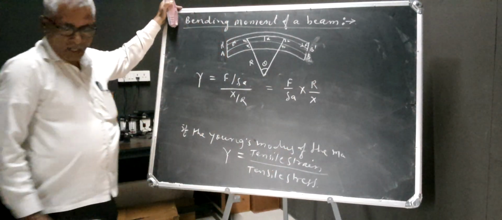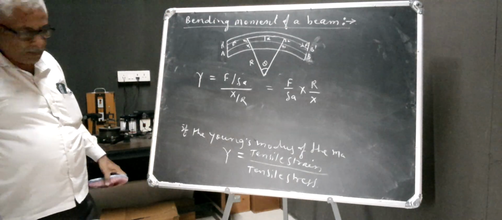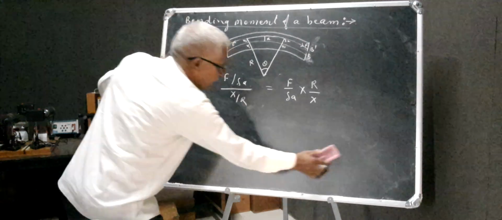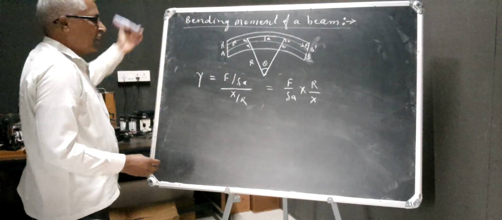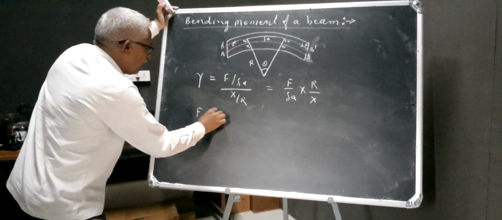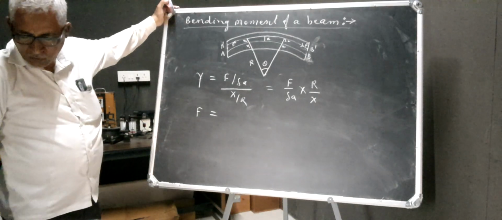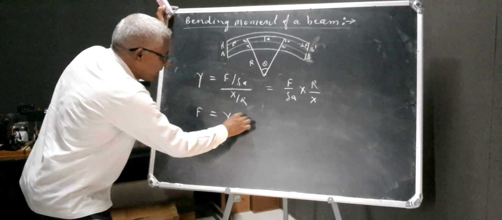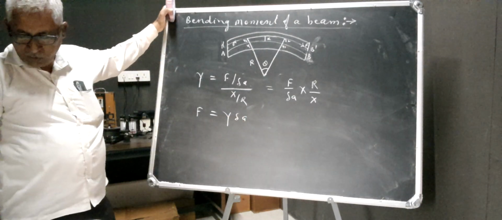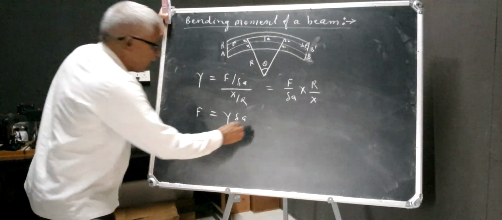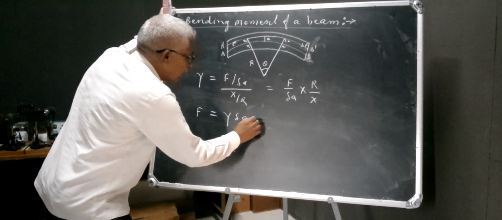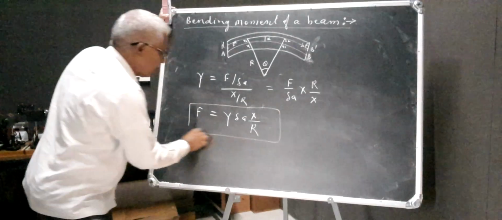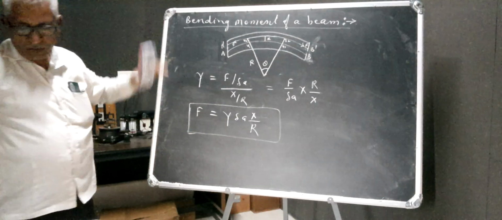We can rearrange this equation for F: F equals Young's modulus y into delta A multiplied by x by r. This is the equation of applied force.